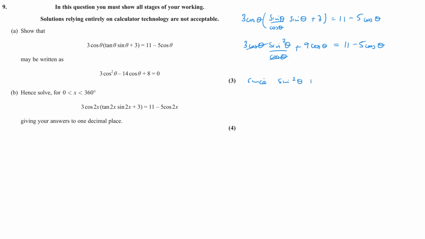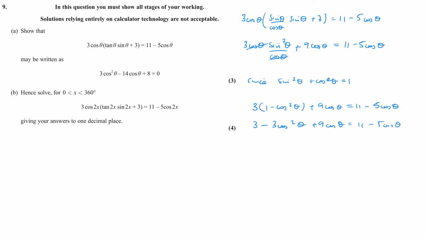since sine squared theta plus cos squared theta equals 1, sine squared is equal to 1 minus cos squared, so that's 3, 1 minus cos squared theta plus 9 cos theta equals 11 minus 5 cos theta. So it's 3 minus 3 cos squared theta plus 9 cos theta equals 11 minus 5 cos theta.